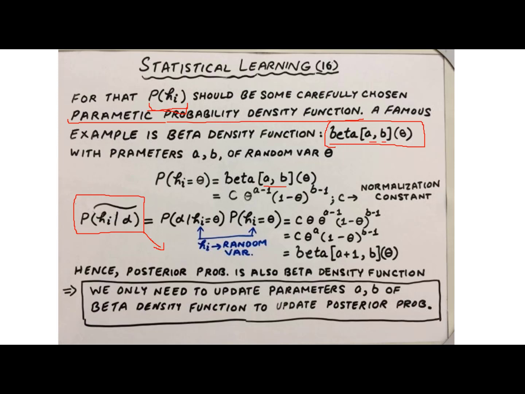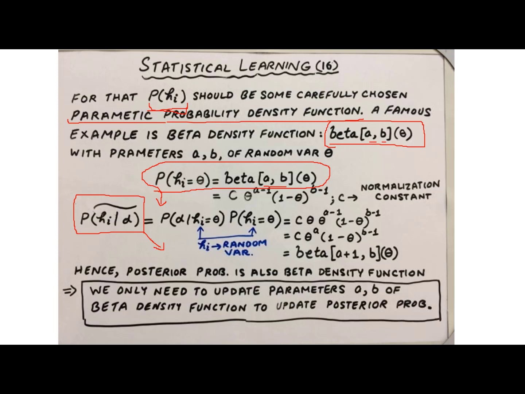For more details, you can refer to the relevant textbook chapter. How can we define it and what are the benefits of the beta distribution? Here we are skipping the description of the beta density function, but we are trying to understand how it simplifies the computation of the posterior probability.